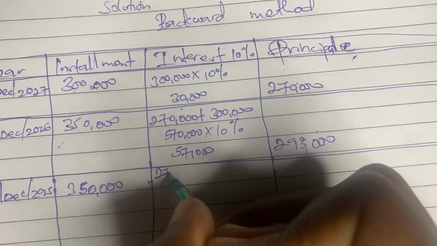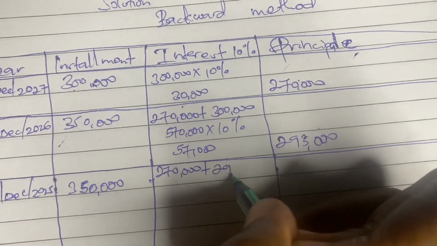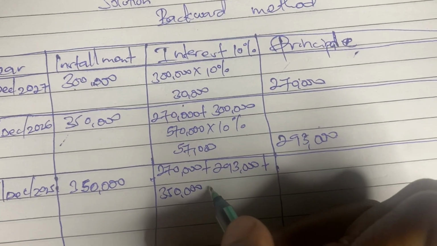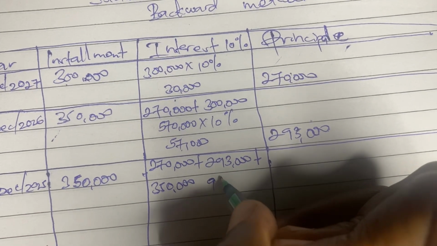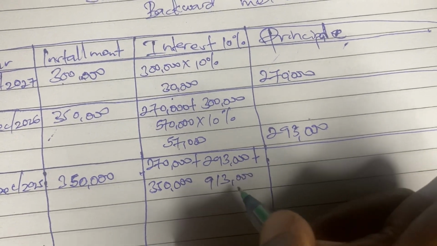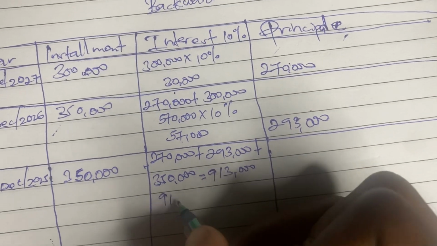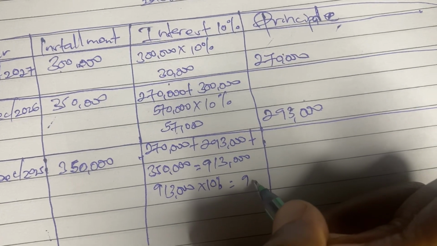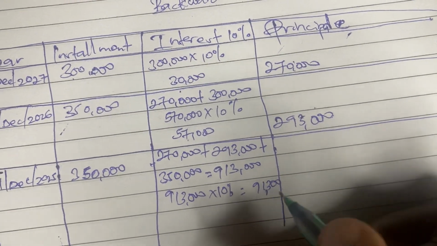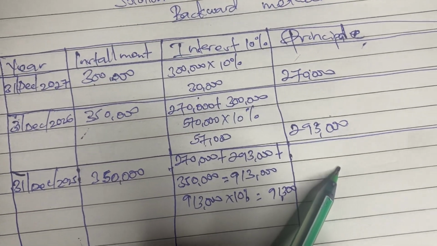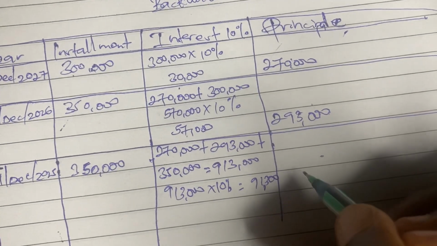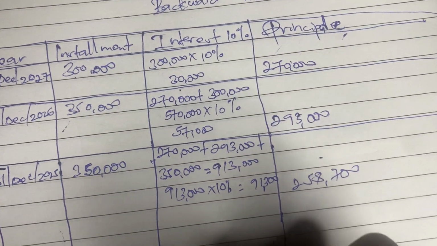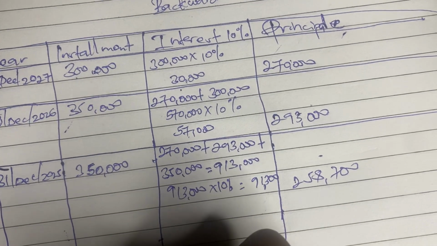So 270 plus 293 plus 350,000, what we get is 913,000. So 913,000 times 10%. What we get becomes the interest, 91,300. So how do we get the principal? This minus this. What we get is 258,700. Like that.